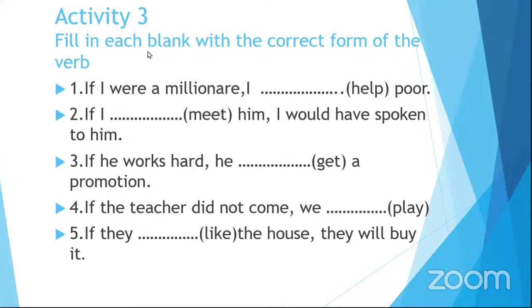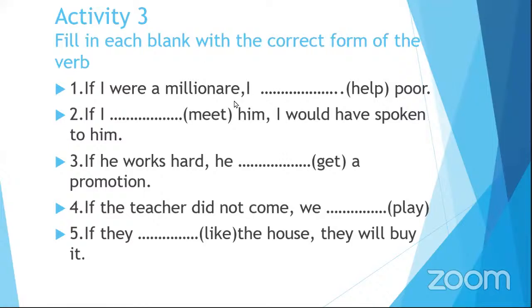Okay, it seems many have finished. Sanduni has sent me saying that she has finished. Okay, dear students, I'm really happy that you are engaging in the activities very actively.